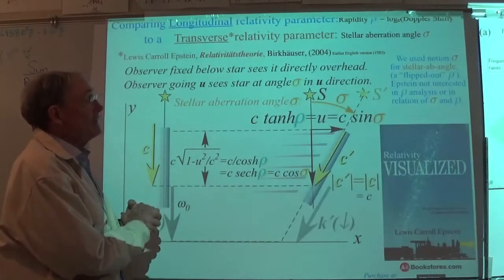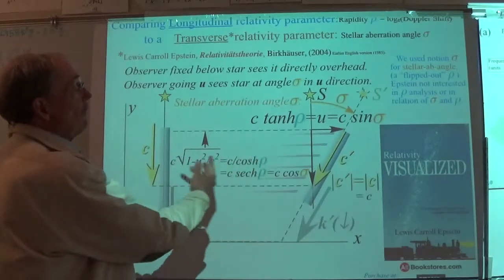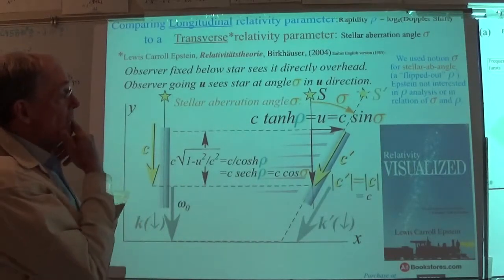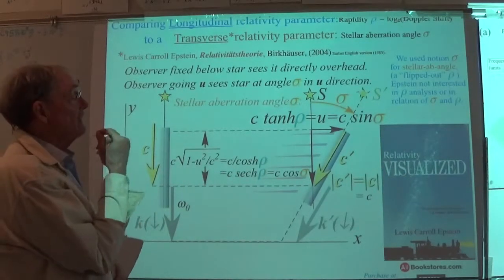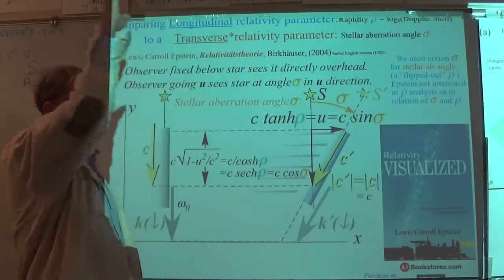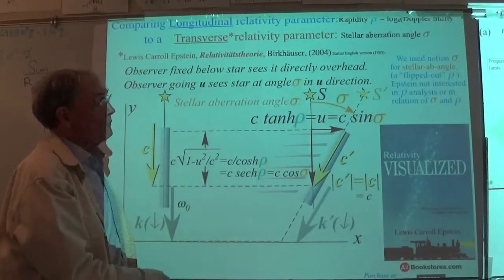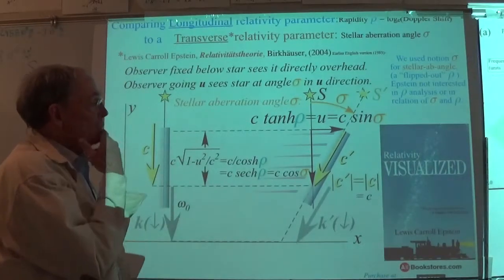And that's just stellar aberration. And our motion in the orbit of the Earth around the Sun is sufficient to get a measurable stellar aberration for light that's in the upper part of the northern hemisphere, but it works for other things as well.